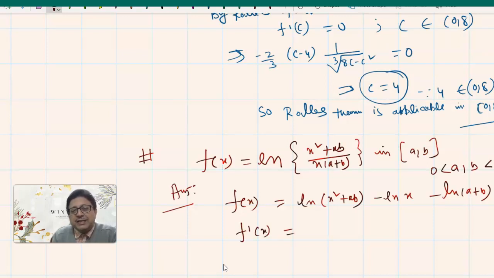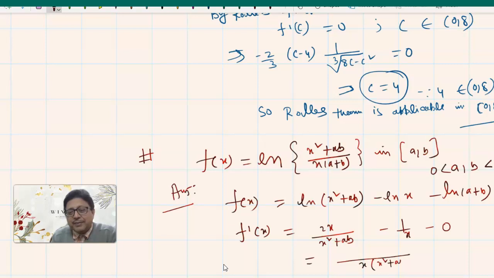So f dash x is 2x by (x square plus ab) minus 1 by x minus 0. So you take x square plus ab, so this thing is (x square minus ab) by x into (x square plus ab).